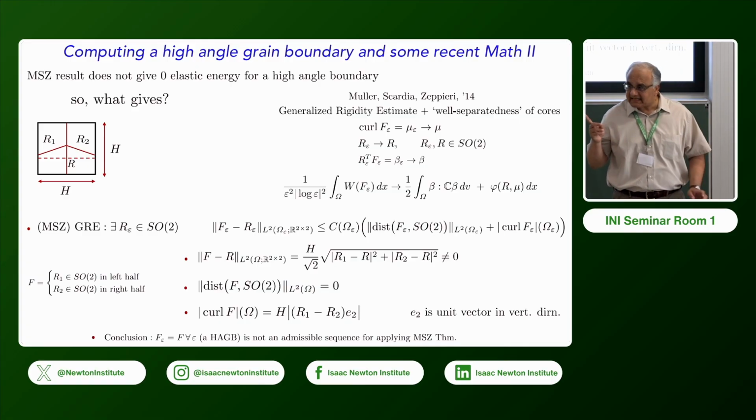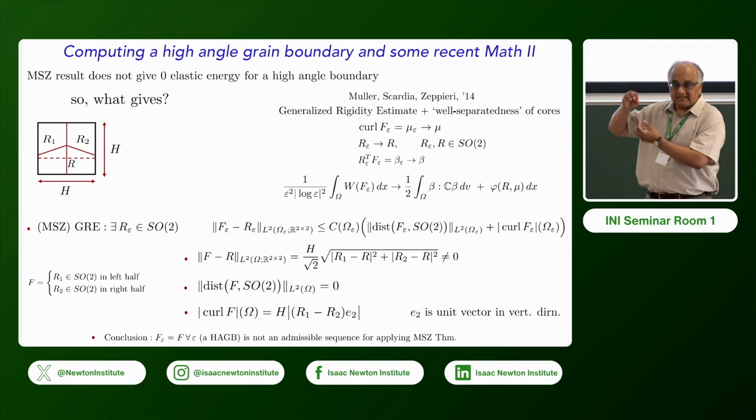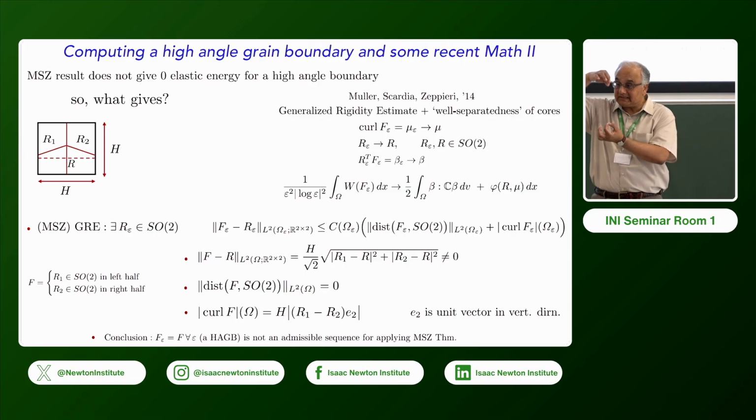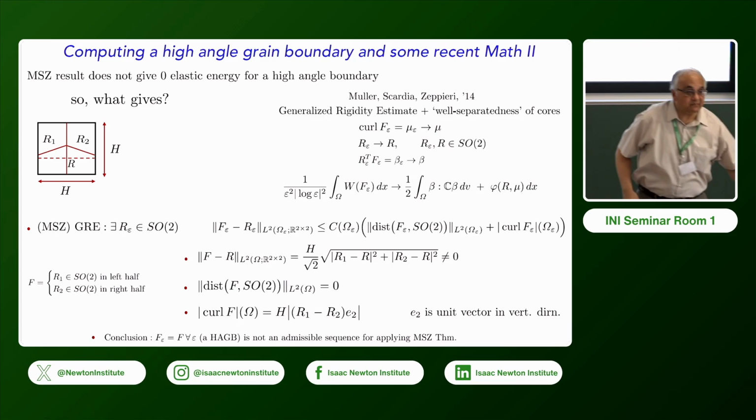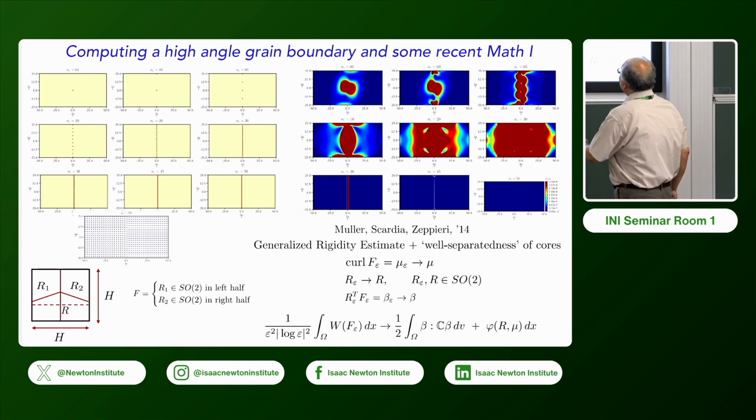So what actually did this result for them is the well-separatedness assumption. So you say that the cores have to be well-separated, and it's a pretty intense assumption. It takes quite a bit to sort this out, for me at least. And the point is here, it's not well-separated. And you saw that in the picture over here. So you see, when it's not well-separated, then you have energy.